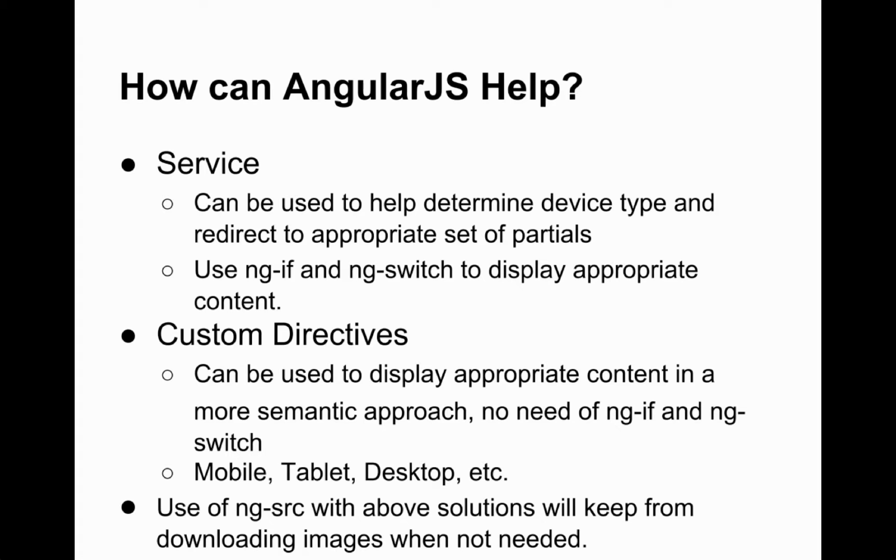So what we can do is build custom directives to handle whether we hide something because it's on a mobile device or a tablet, or show something because it's on desktop, and take the same tack that ngIf and ngSwitch do, so that we don't ever render that content.